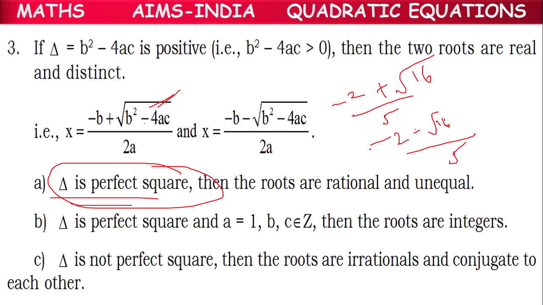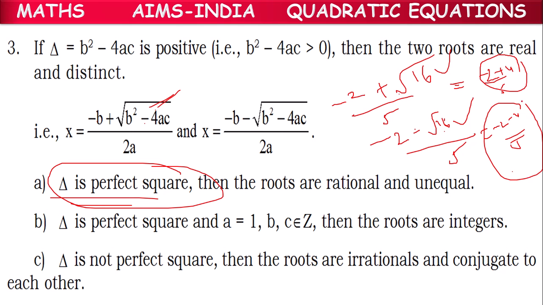Like this we have two roots, where 16 is the discriminant, which is a perfect square, which can be written as 4 square. So the values we get are minus 2 plus 4 by 5 and minus 2 minus 4 by 5, which is an example of rational numbers, and both of them are unequal, distinct.